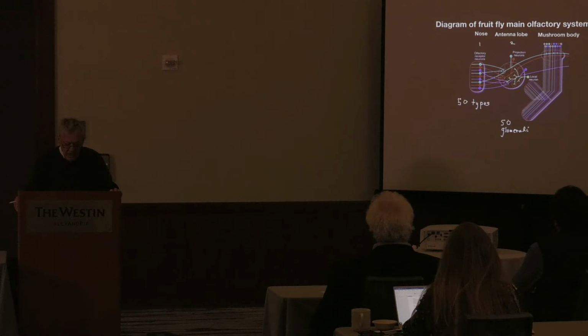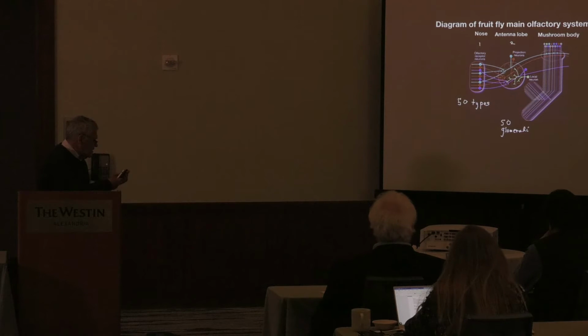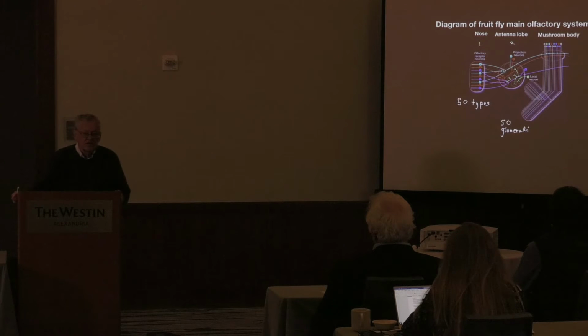So, in this case, the top ORN here sends all of its axons to a glomerulus there, and there are then 50 types of projection neurons.